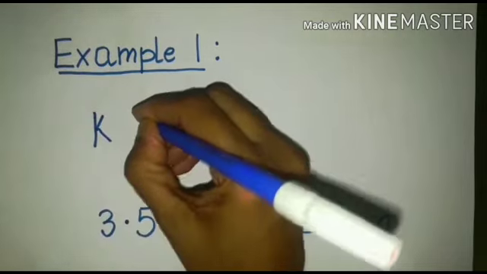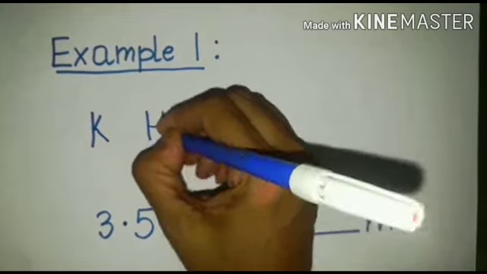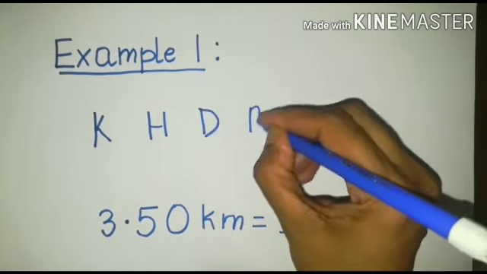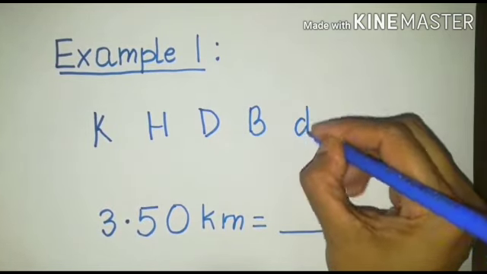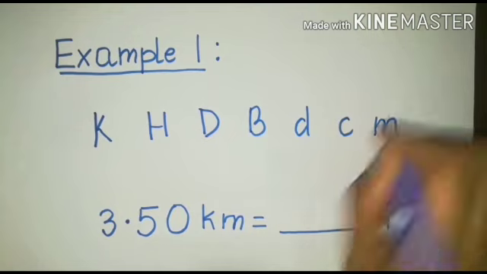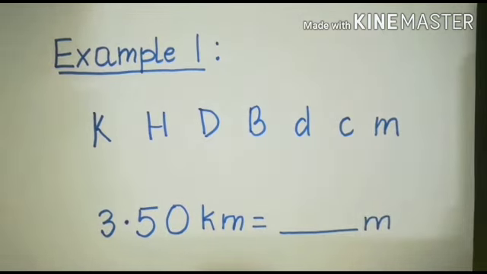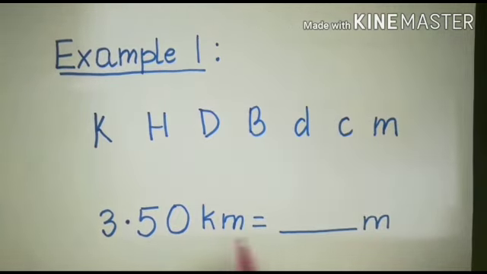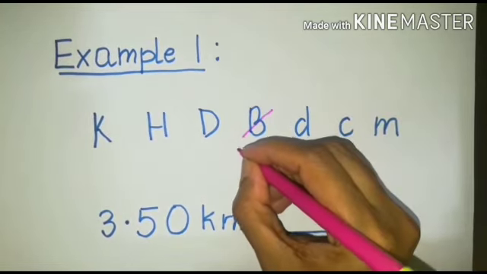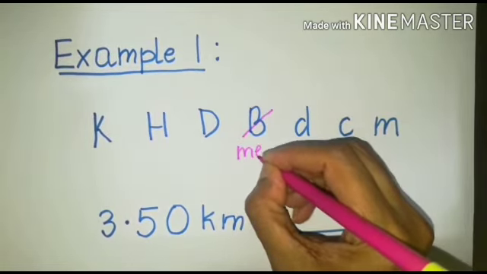King, Henry, died, by, drinking, chocolate, milk. The base unit here is meter, so I will cut B and write meter.